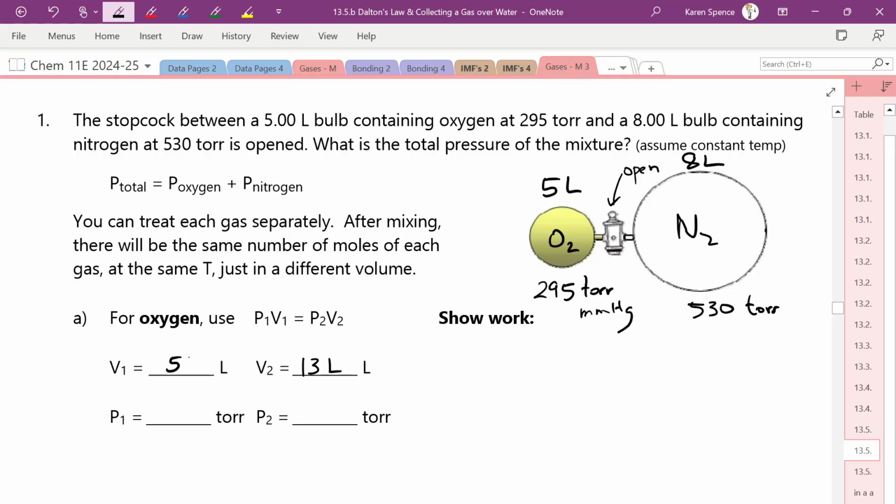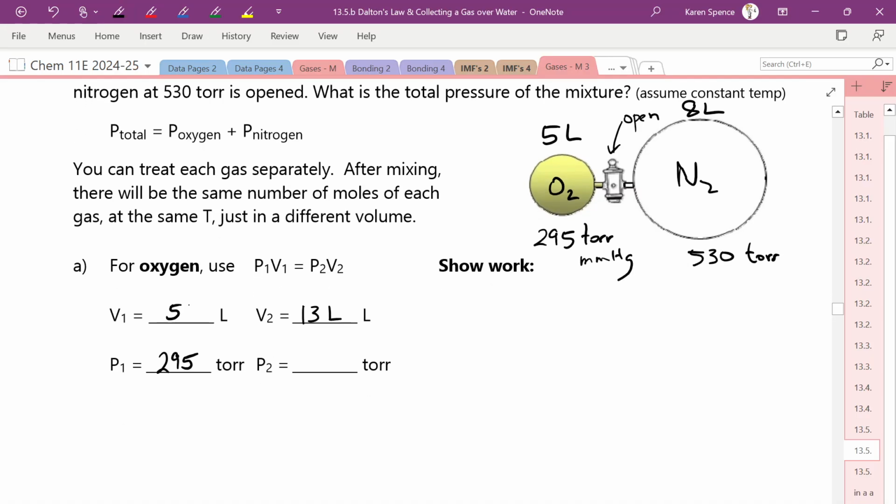P1 for O2 is 295 torr, and then we have to solve for P2, so we can use our P1 V1 equals P2 V2. And we would solve for P2.